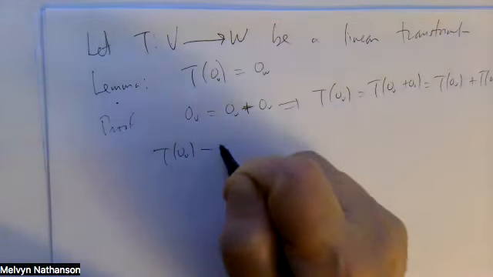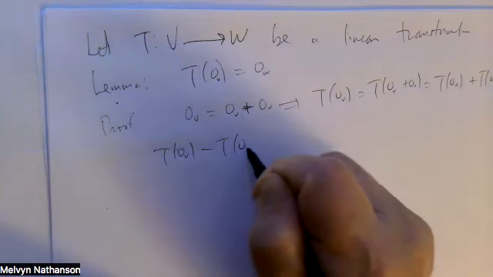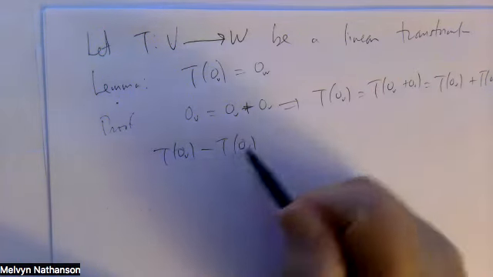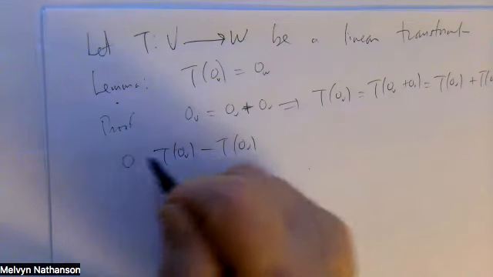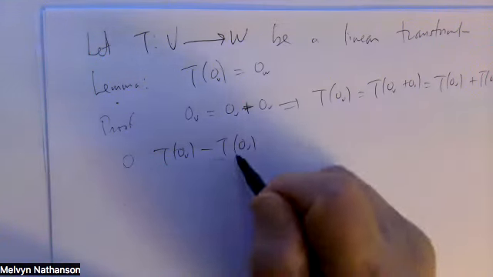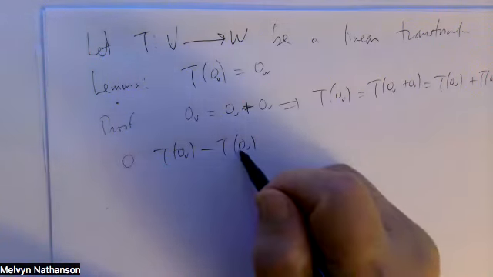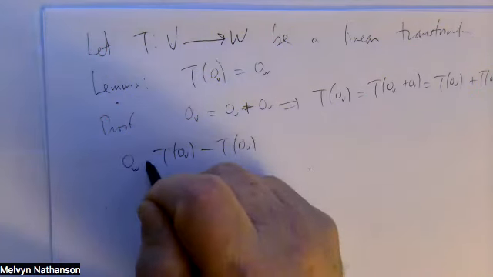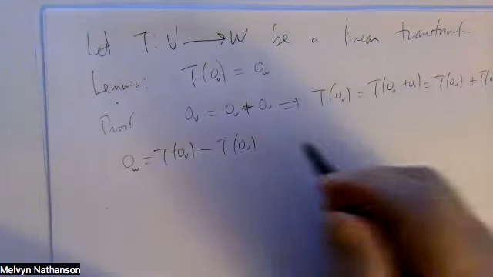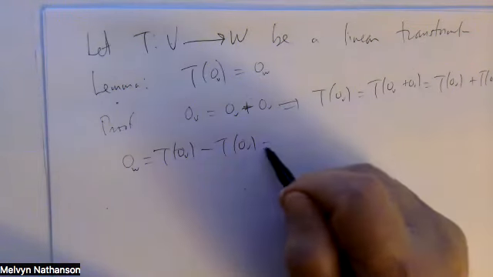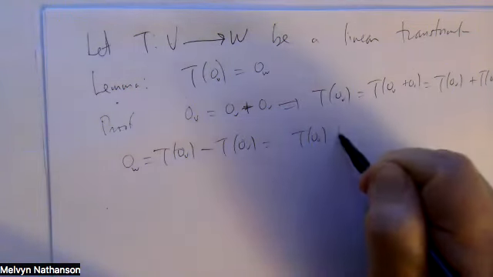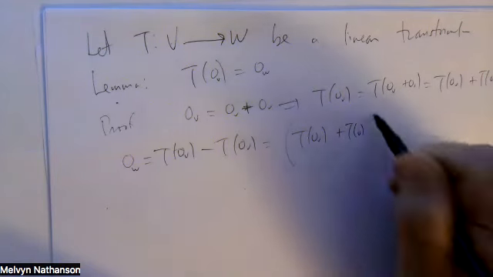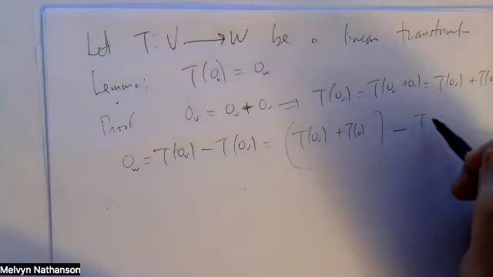So T of 0 minus T of 0: take a vector and subtract it from itself, you get 0. The difference of two vectors in W that are the same is the 0 vector in W. So T of 0_V is T of 0 plus T of 0, and I'm subtracting T of 0 from that.